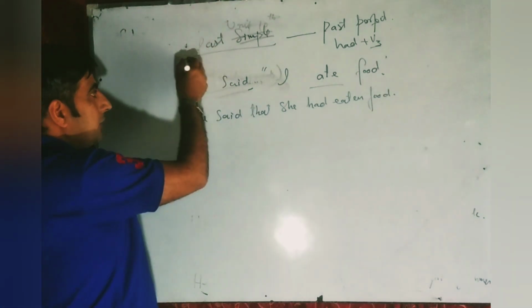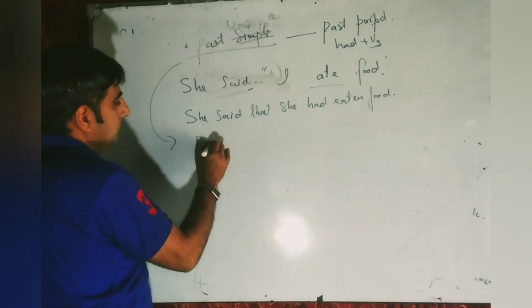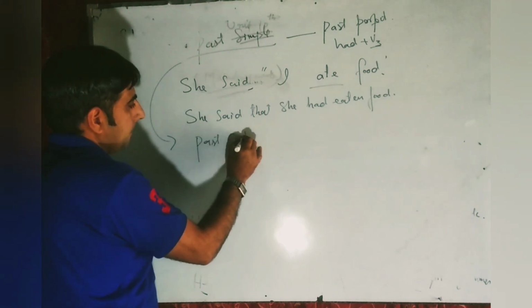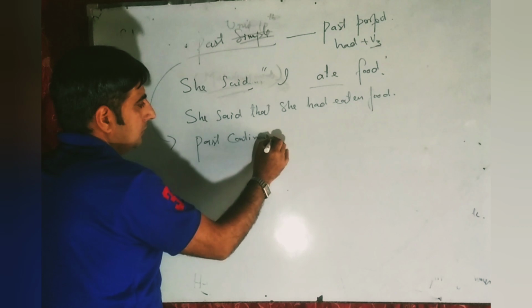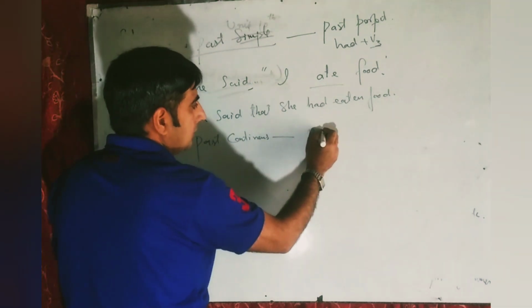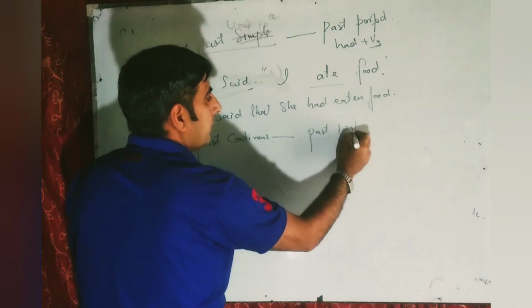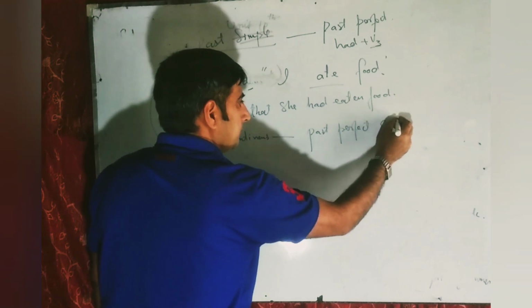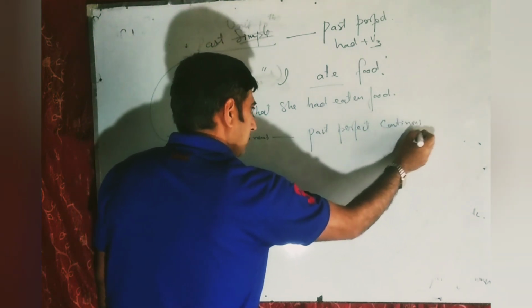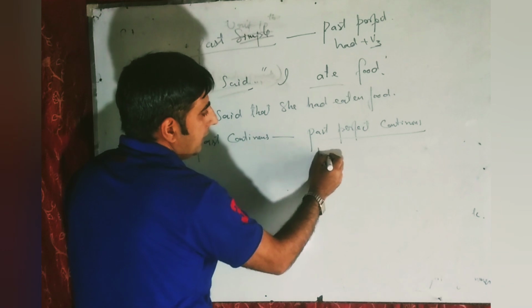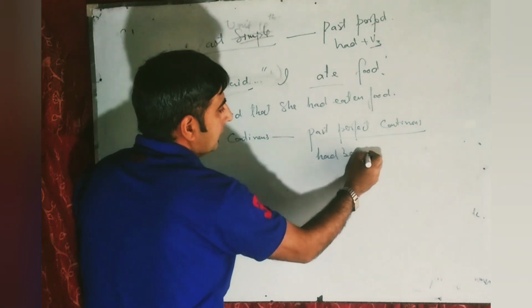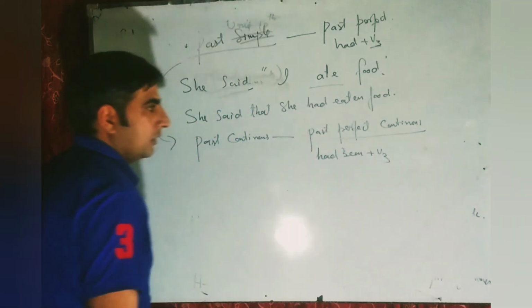One more example I will give you in the past continuous. Past continuous changes into past perfect continuous. If you know the formula, we use had been plus the ing form of the verb.